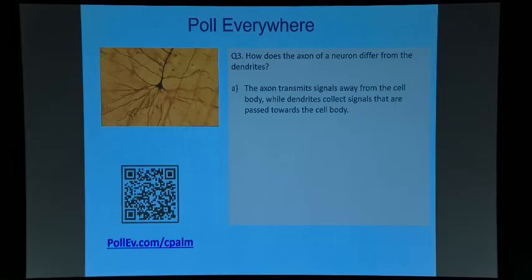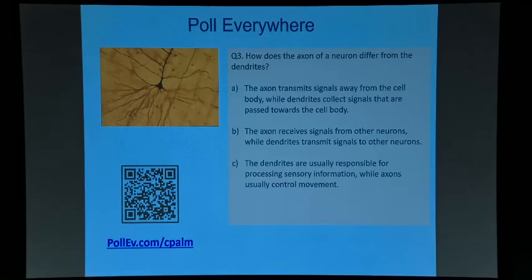C, the dendrites are usually responsible for processing sensory information, while axons usually control movement. Or D, the axon and dendrites have some structural differences, but they appear to serve a similar function.